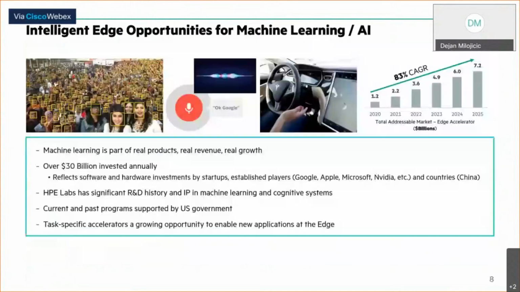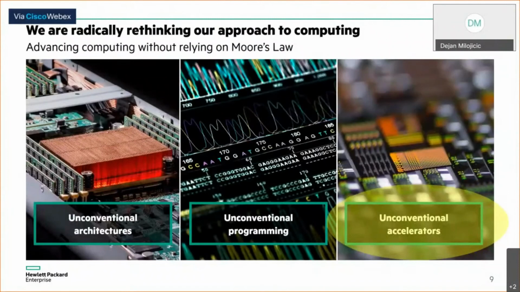That's where this explosion is coming from. There are many intelligent edge opportunities for machine learning and AI in this setting. So we are switching from traditional CPUs to accelerators, which is driving all this growth with all these devices, cameras, not only on cars, but the airport, stationary, etc.